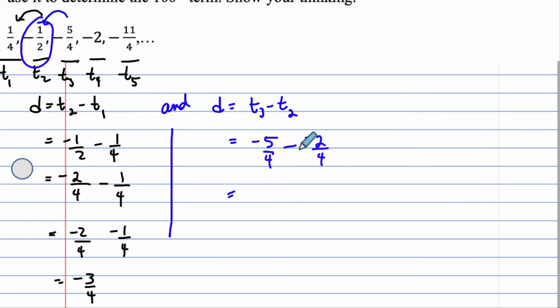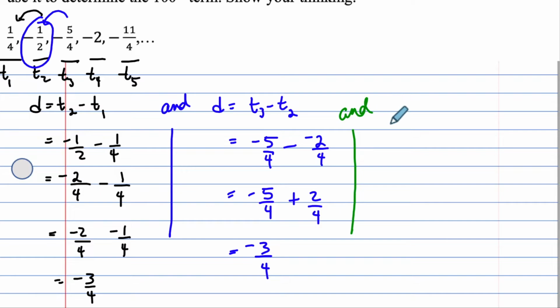We have a negative 1 times a negative 2. So we have a negative 5/4 plus 2/4, which is negative 3/4. So far we have an arithmetic sequence, but we need to keep checking.